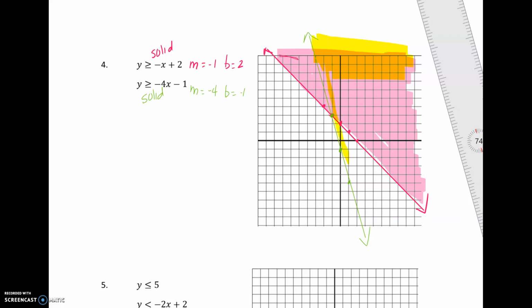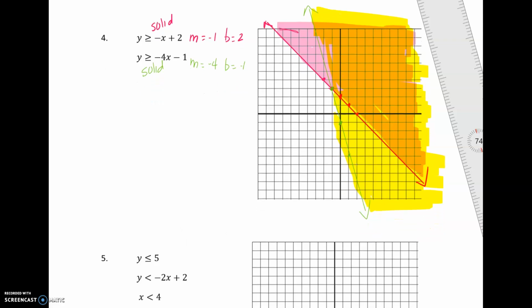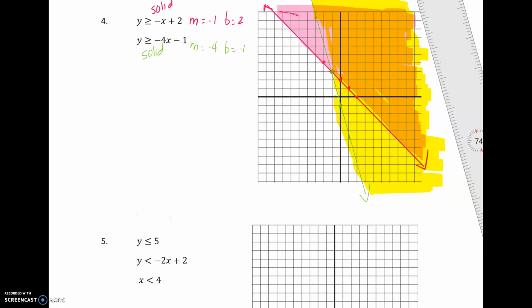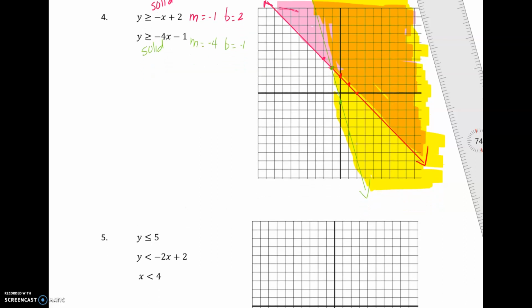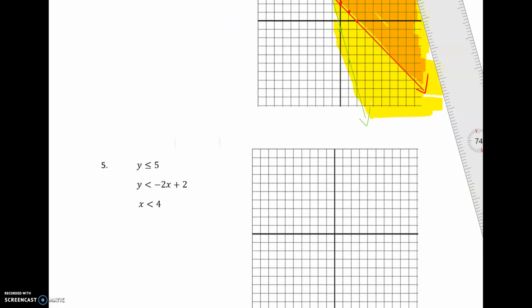So this line right here, and it includes all the points on there as well. And the orange, of course, is where it overlaps. Again, if you were asked to name a solution, you would pick somewhere in the orange. If you were not naming a solution, it would be anywhere in the pink, yellow, or white.